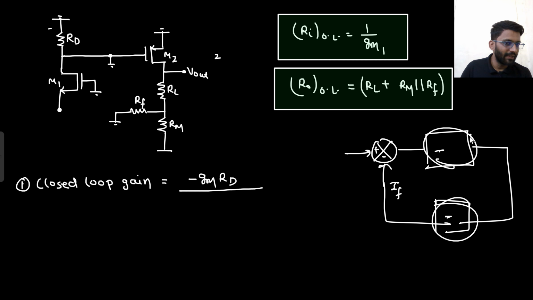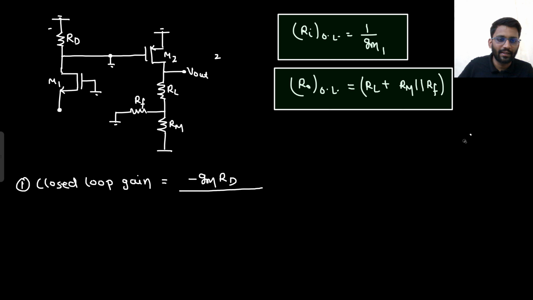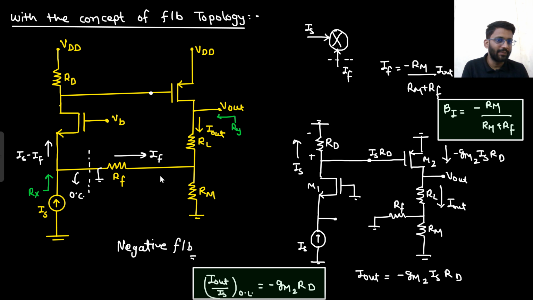In previous cases, what was happening? This was positive and this was also positive. Now both are negative, so still it is a negative feedback system only. Why is it so? Let's check that out. So I will make the loop diagram, because people will be confused now that this is my IS. IF direction I took to be opposite, like IF should be IS minus IF. So IF is being subtracted.